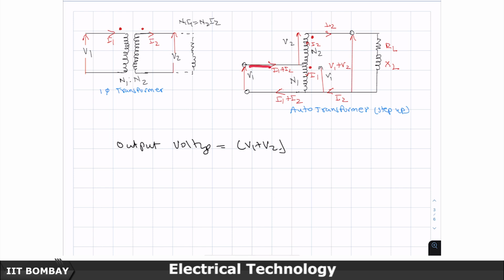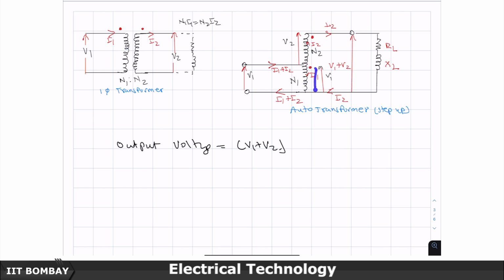this I1 current flows here. The MMF balance principle is still valid, because these two are magnetically coupled through the same core, and if iron is taken to be ideal, then N1 I1 minus N2 I2 should be 0.